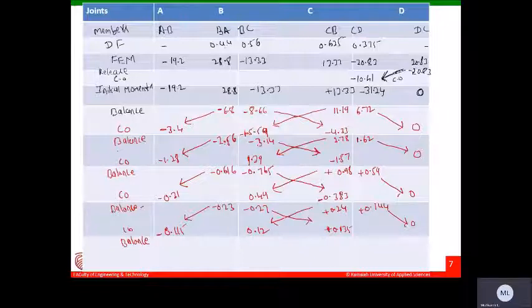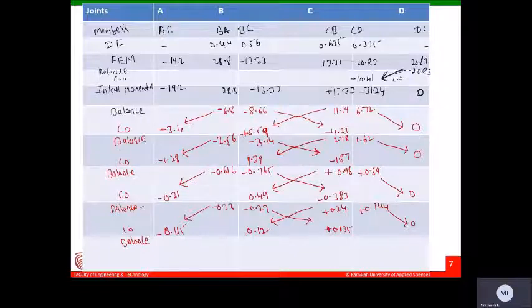Then this will be 0.45 multiplied with 0.56, 0.27. Okay. So in this case we will get a maximum, approximately.